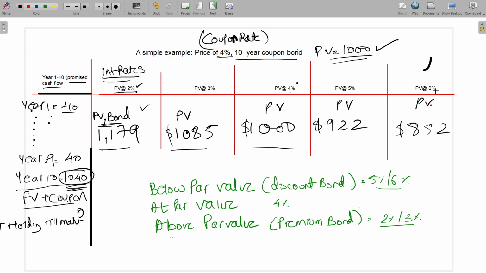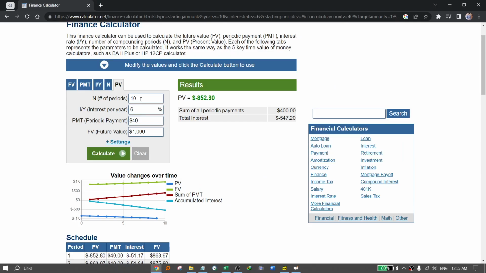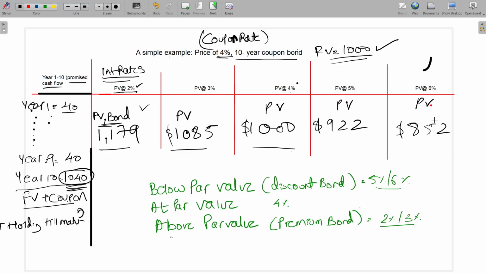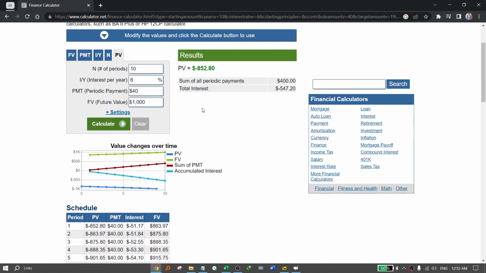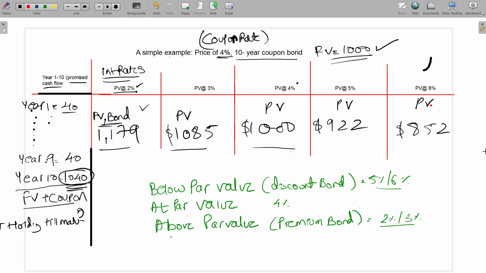The market interest rate is 6%. I know the number of periods is 10. Interest per year, I/Y, that is the market interest rate, is 6%. The PMT, that is the coupon payment that I would be receiving, is 40. The future value is 1000. If I calculate this, I would be receiving 852.